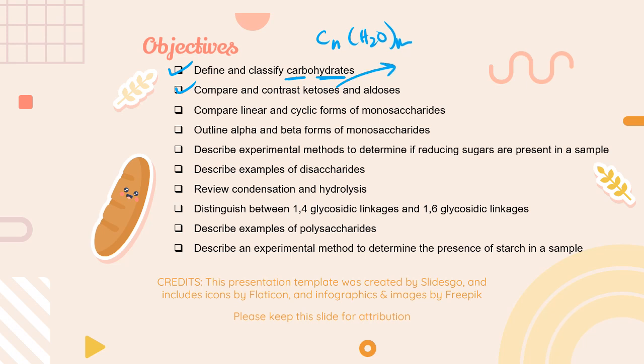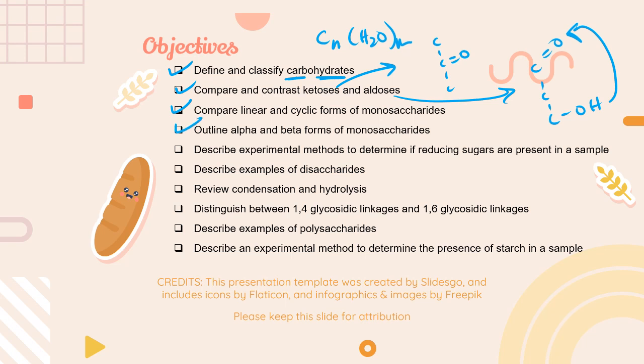Ketoses are ketones, and we're going to have those carbons, and there will be a double bonded oxygen in the middle as opposed to our aldoses, which are aldehydes, and have that double bonded oxygen at the end. We looked at those cyclic and linear forms of monosaccharides where a hydroxyl group kind of rolls around and finds the carbonyl group and they make a ring shape. Those ring shapes, the cyclic forms, are far more stable than the linear forms.